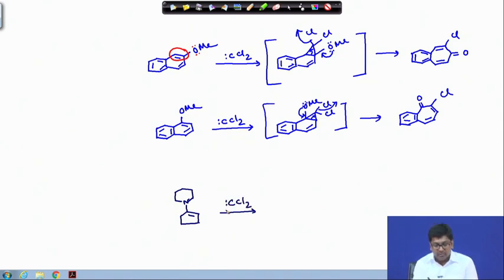So, what we know is that this double bond will now react nicely with the dichlorocarbene to provide first the cyclopropane containing derivative, the intermediate.